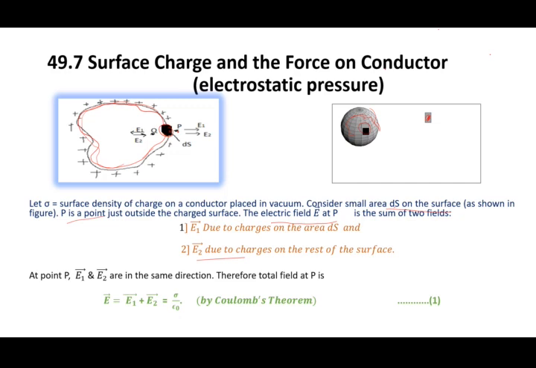Therefore, total field at P is E equal to E1 plus E2, and that is given by, do you know what that is? Yes, by Coulomb's theorem, it is sigma by epsilon naught, which we have proved earlier.